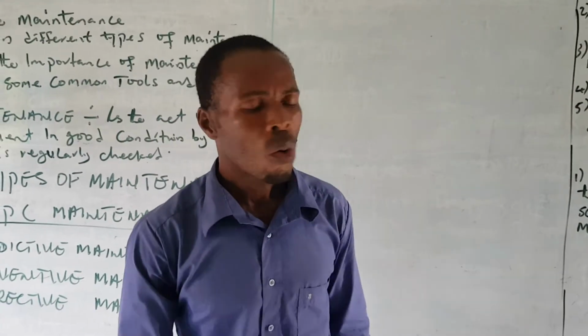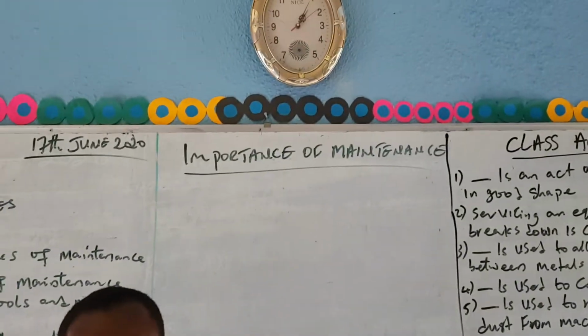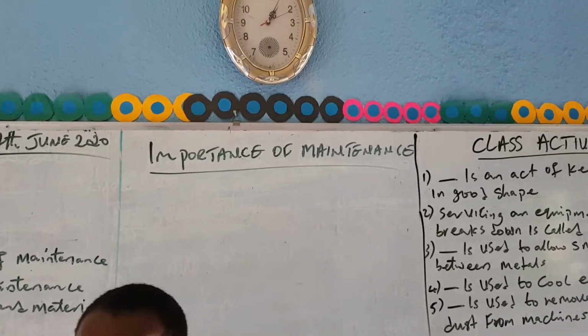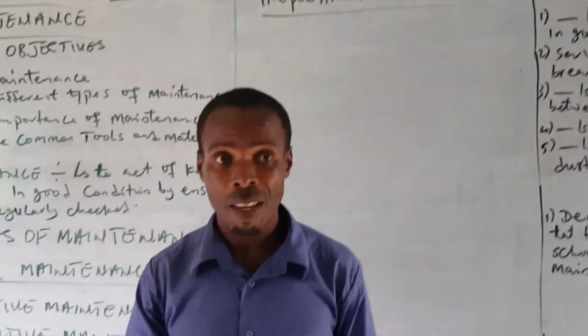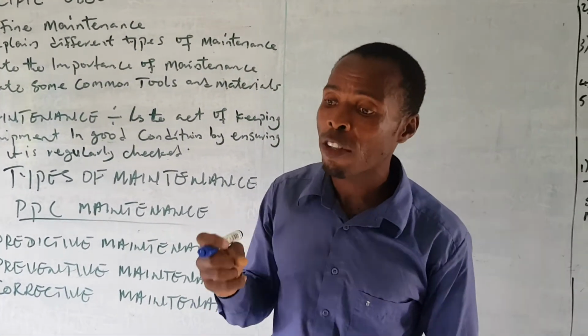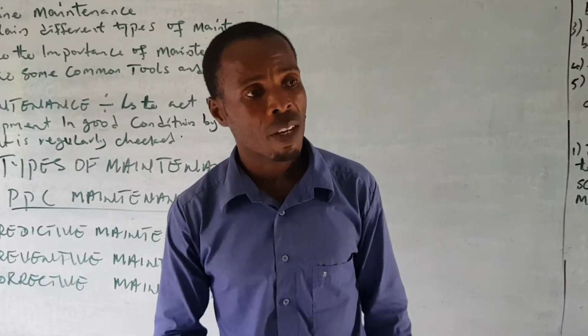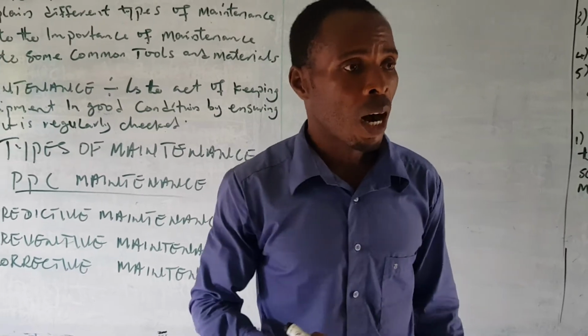And number 2, we have avoid sudden breakdown of the equipment. You must avoid sudden breakdown of the equipment. This is why maintenance is important. When you do not service the equipment, you're trying to manage it.